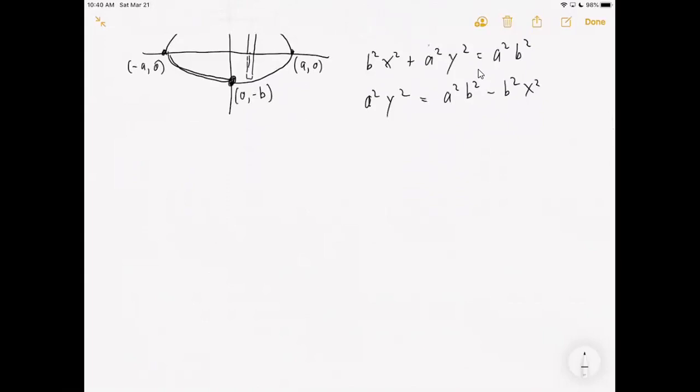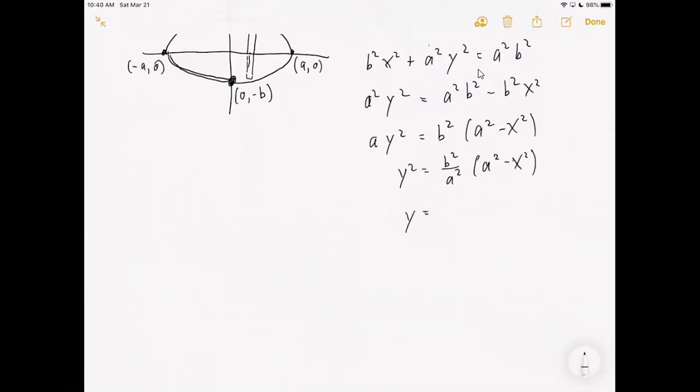So this becomes a squared y squared is equal to b squared times a squared minus x squared. Finally, we can get that y squared is equal to b squared over a squared times a squared minus x squared.